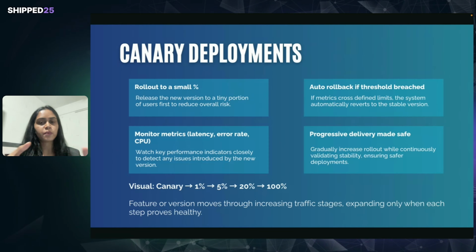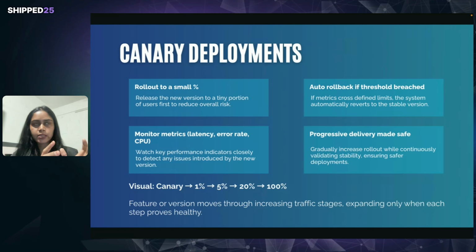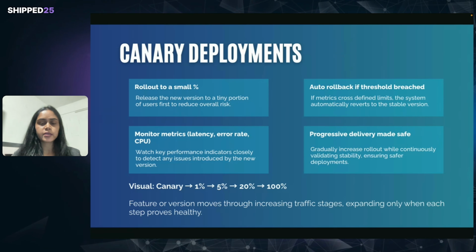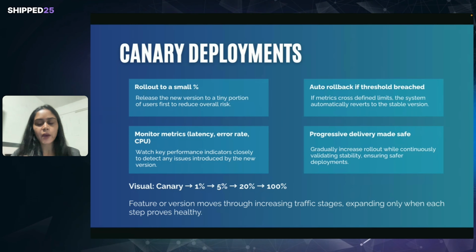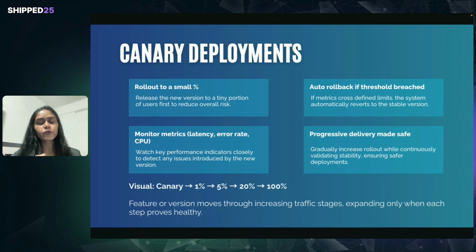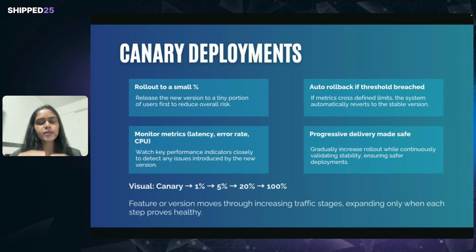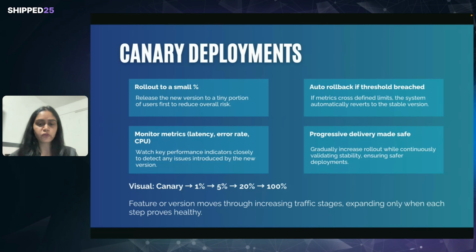If something breaks, like error spikes or latency issues, you can observe what happened with that 1% of users and tell your system to automatically roll back to the previous stable version. So you experiment with only a tiny number of people, and then you can go ahead with a big number of people.